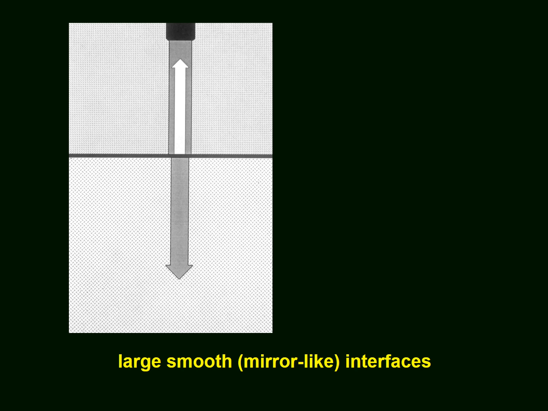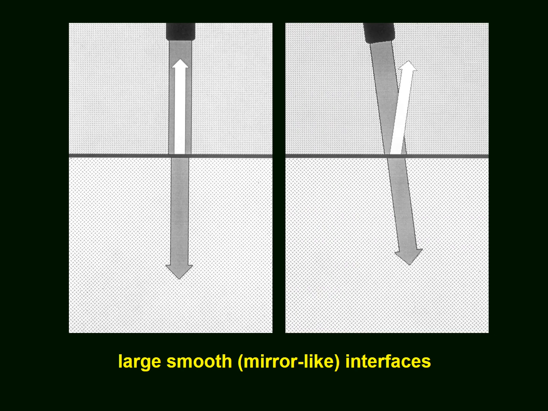When we're dealing with large, smooth, mirror-like interfaces like here, then when we angle the incident beam, much, or in this case all, the reflected energy does not return to the probe, is reflected away.